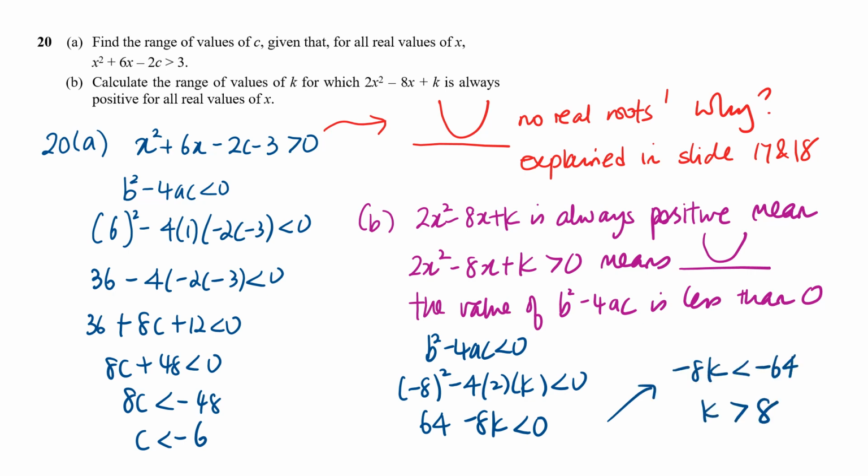Alright, for this part here, because you're multiplying both sides by negative 1, your inequality sign flips. Okay, from less than become more than.